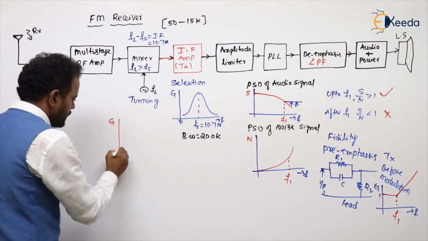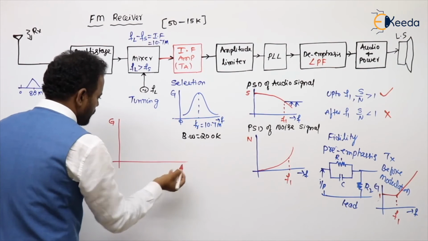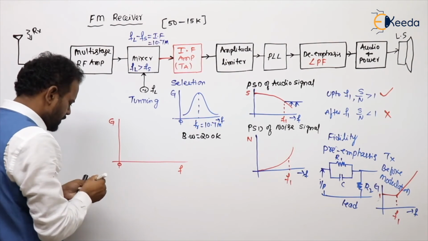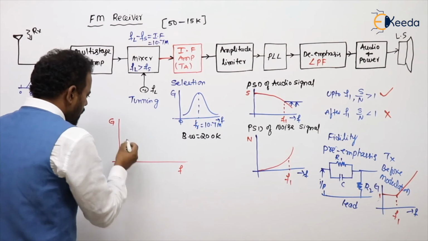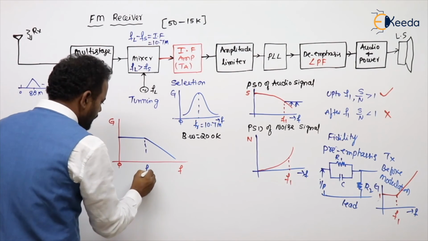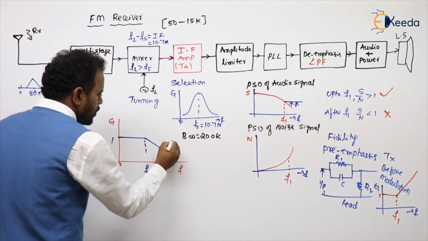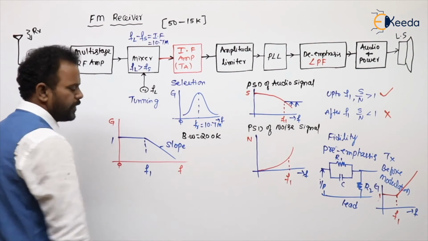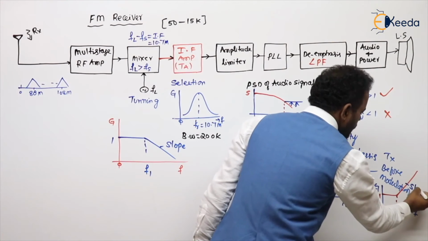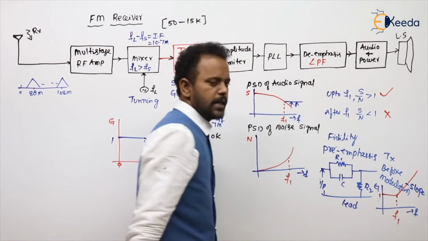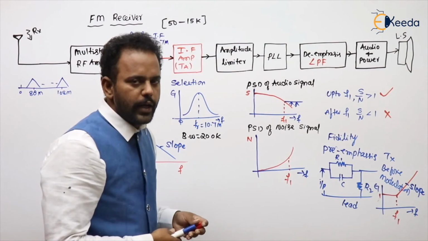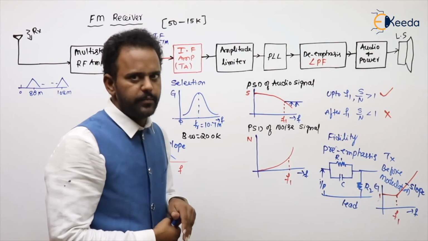If I write the gain versus frequency characteristics of a low pass filter or de-emphasis circuit, here also up to f1 it maintains constant gain, after that the slope decreases. The slope of this decreasing one and the slope of the increasing one are the same. If both are the same, we can get back our original signal exactly.